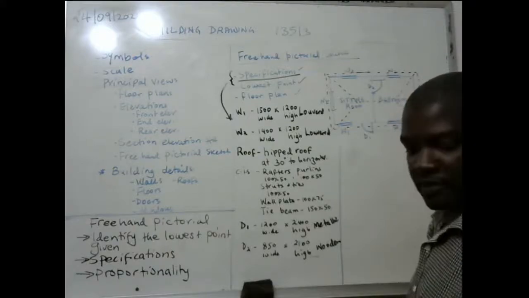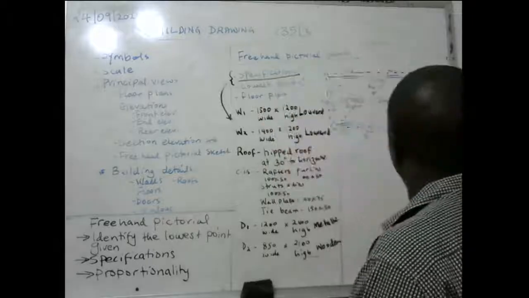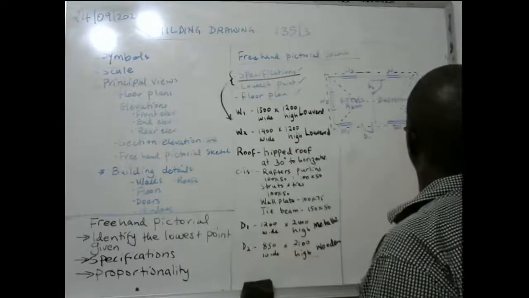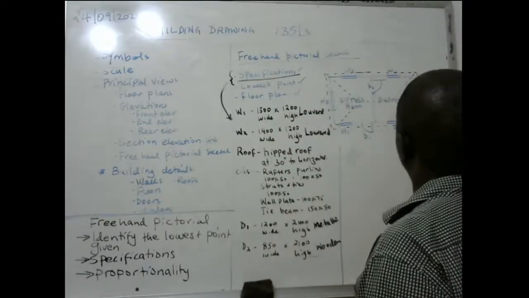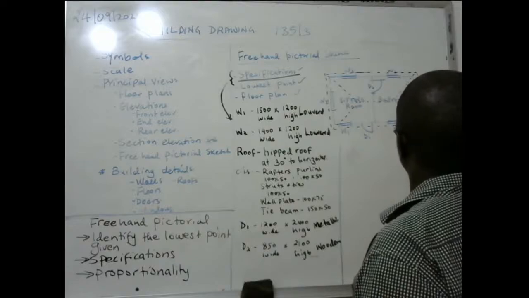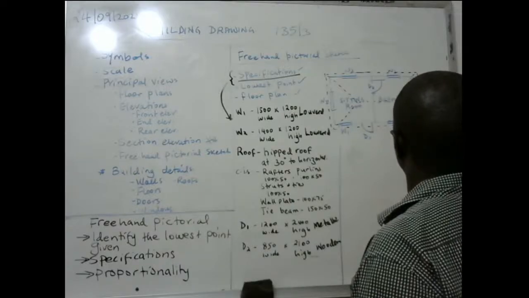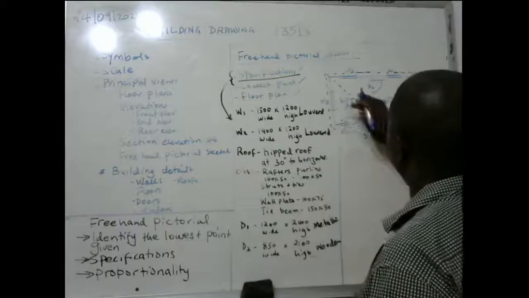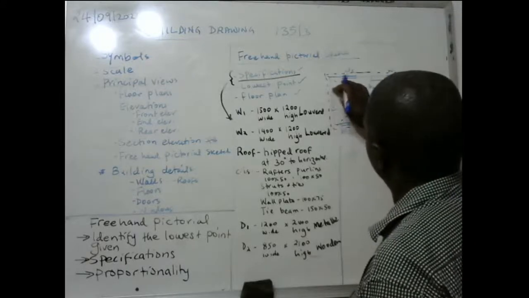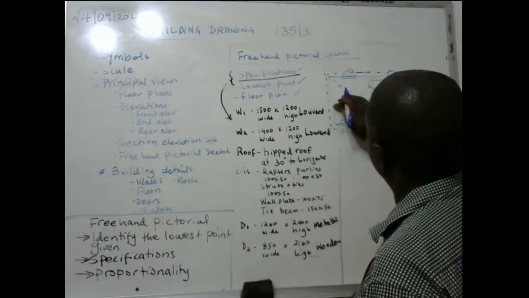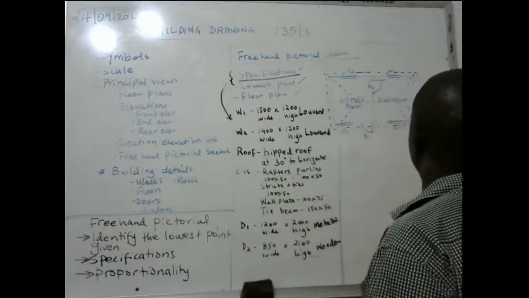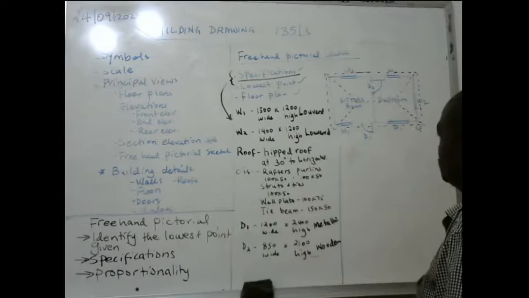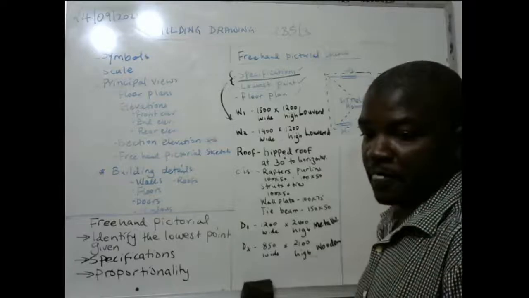we have to consider the lowest point. Maybe let me make some adjustment because of this point that I chose. I can call this one window 2 and maybe remove this one. Because of this lowest point that I chose, let me transfer window 2 to the other side.